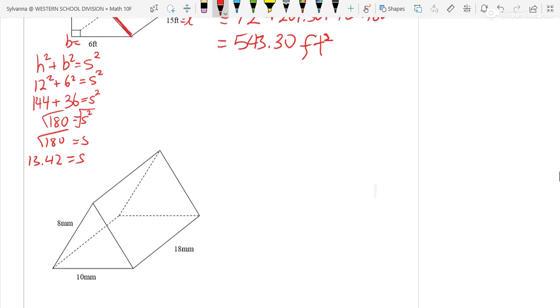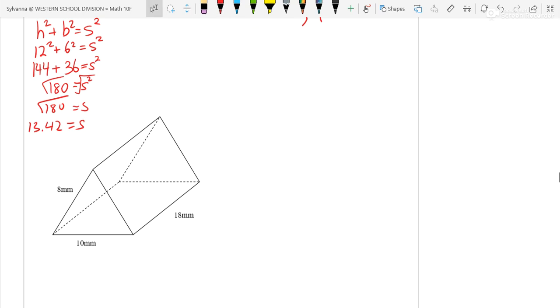And our last example is another triangular prism, also with a rectangle base. But in this case, I'm given my slant height, but I do not have my vertical height. So I don't know what h is. This is my base and this is my length.